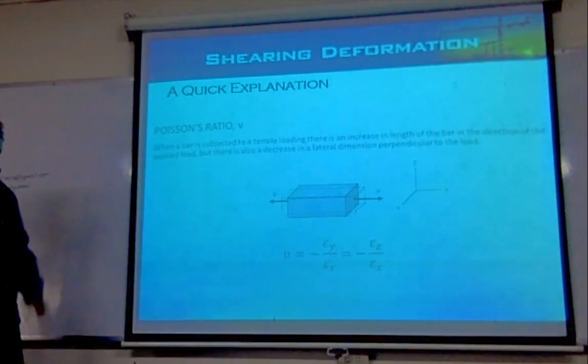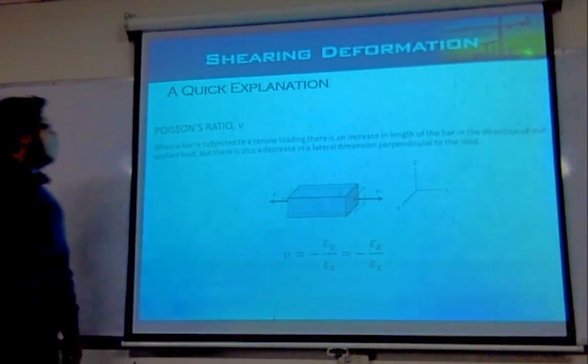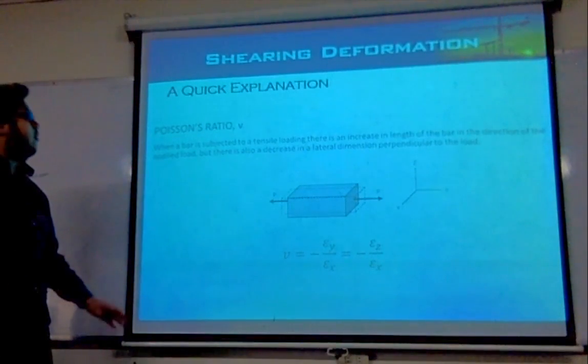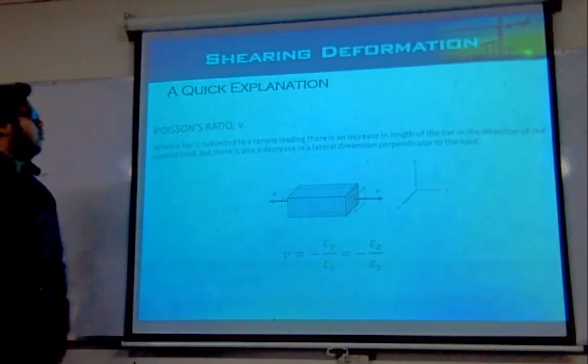So we have Poisson's ratio, denoted by V. When a bar is subjected to tensile loading, there is an increase in length of the bar in the direction of the applied load. There is also a decrease in lateral dimension perpendicular to the load.